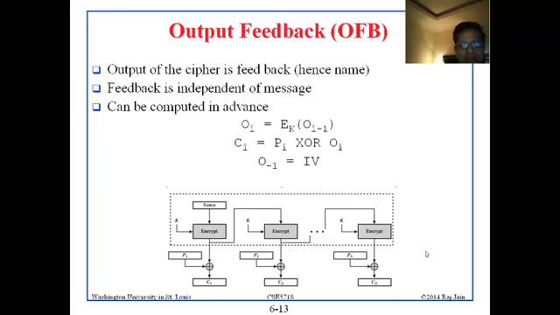And so we take a random number, which we use just once, and we encrypt it with the key, and the output is sent to the next block, where it is again encrypted with the key, and to the next block and to the next block. And underneath here, we take the output of the encryptor and exclusive OR with the plain text, and so we get the ciphertext.